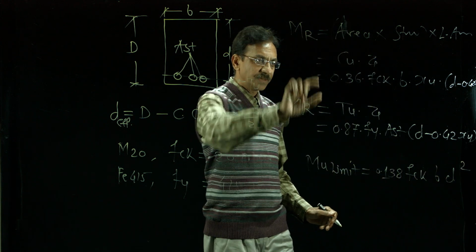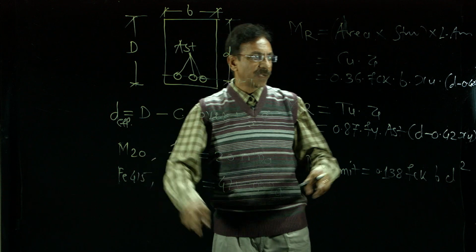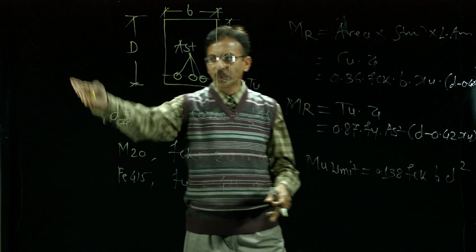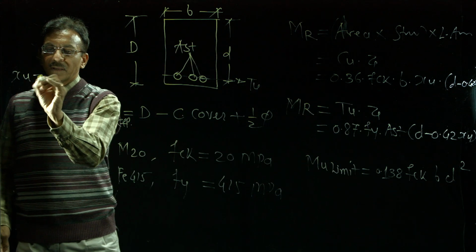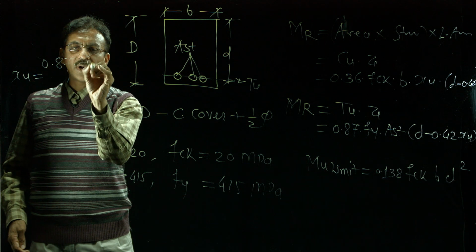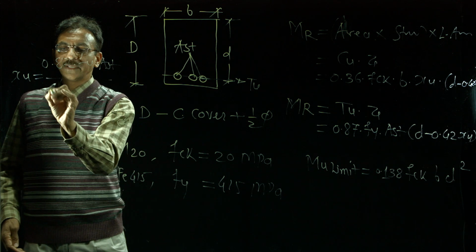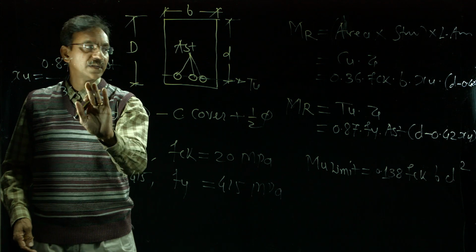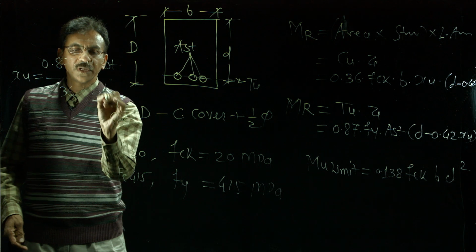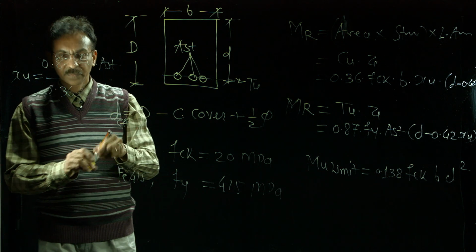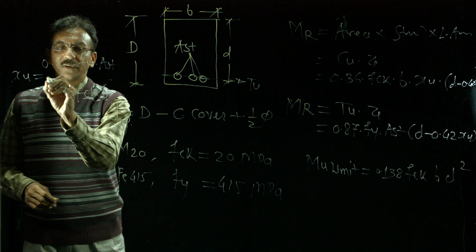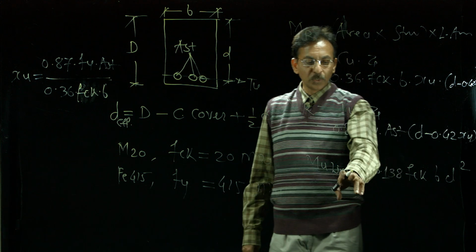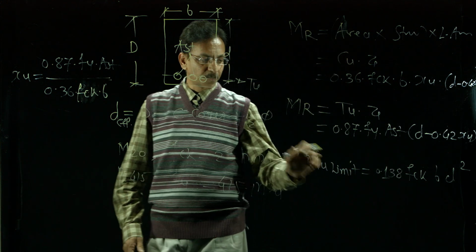FCK you can put 20, and B, and XU in terms of the standard, you know XU equals 0.87 Fy AST upon 0.36 into FCK into B. From this you put the value of XU in this formula and you will get the standard equation of Mu limit. This is for the balance section. This is particularly for the balance section.